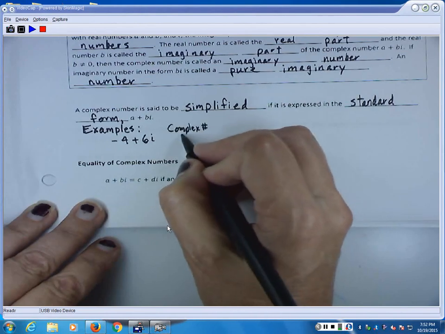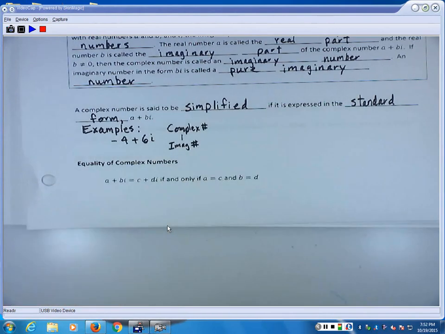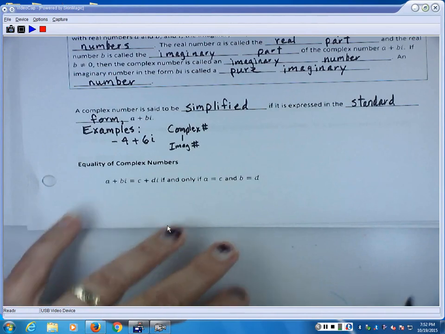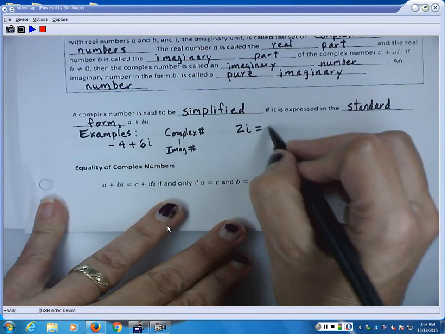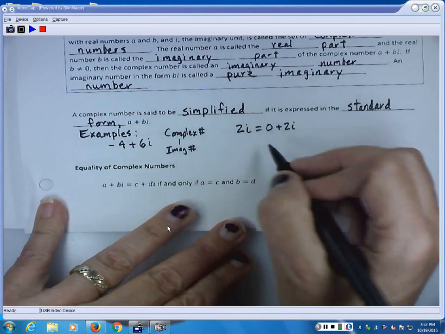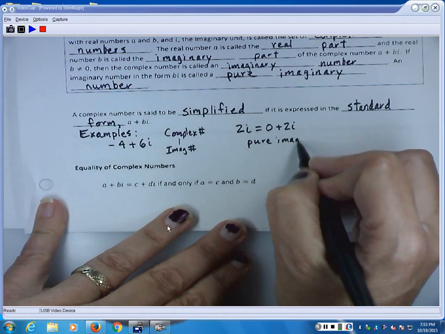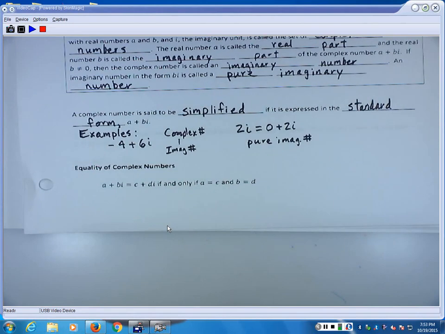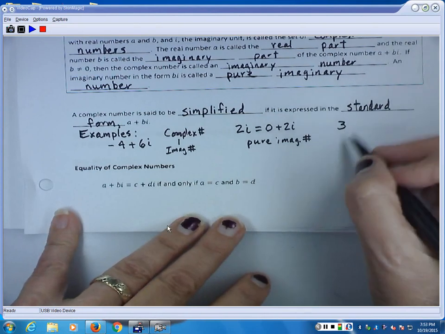But it's not pure imaginary because a is not 0. If you have just the number 2i, that equals 0 plus 2i. This is a pure imaginary number. It's also a complex number and an imaginary number. If you have the number 3, that's just a real number.